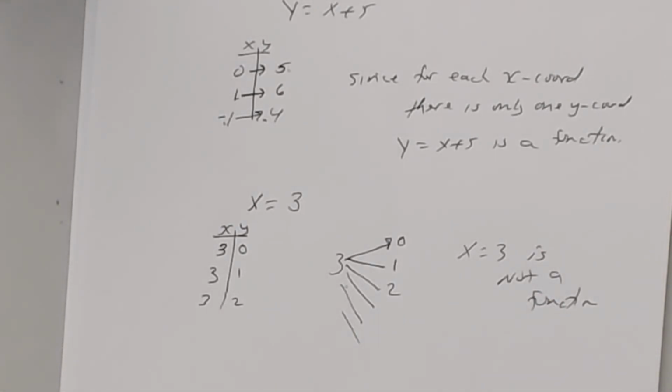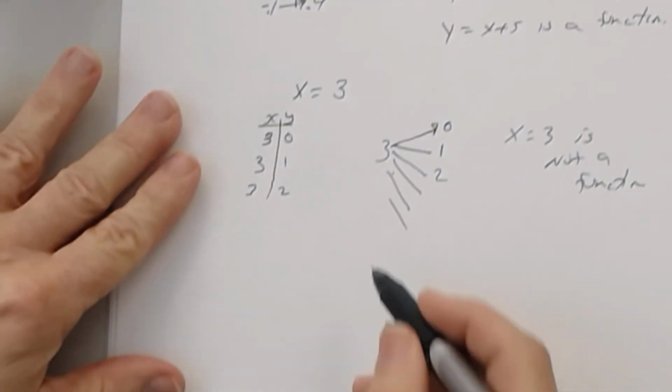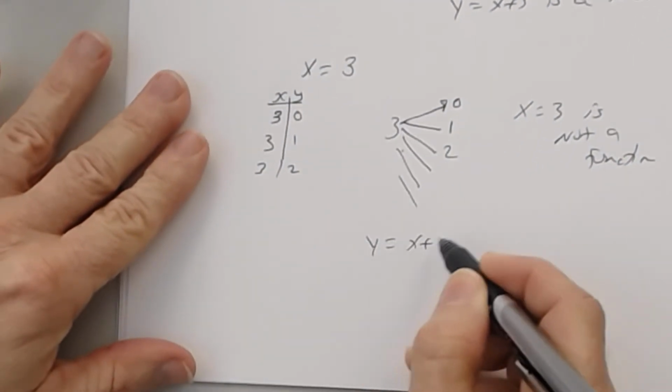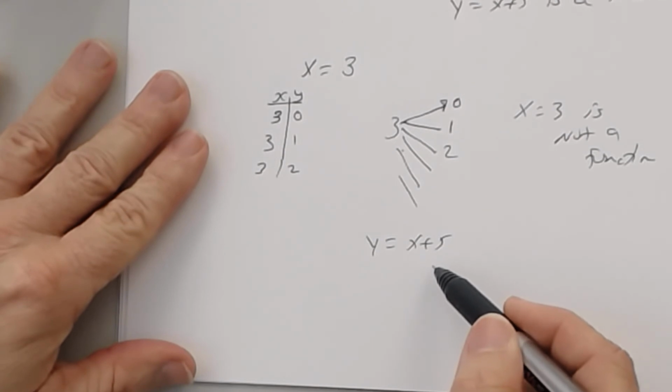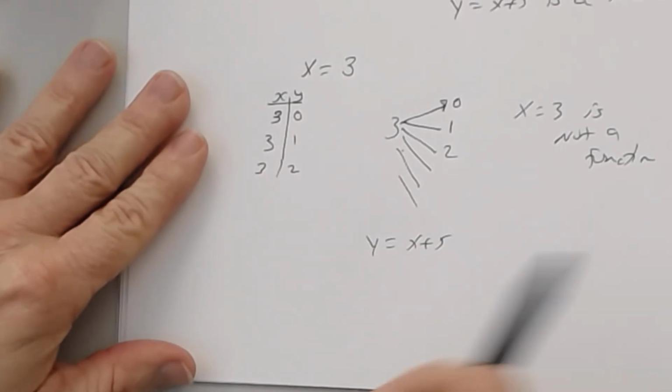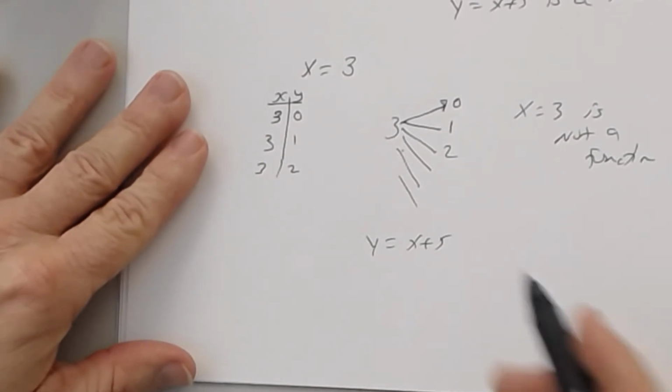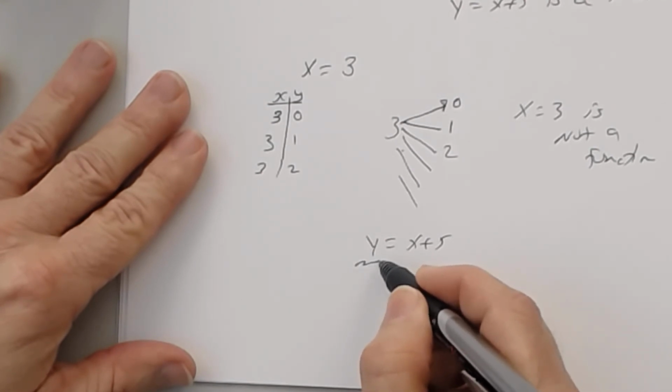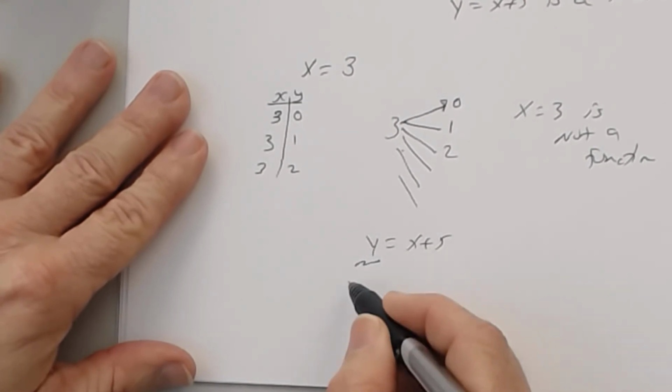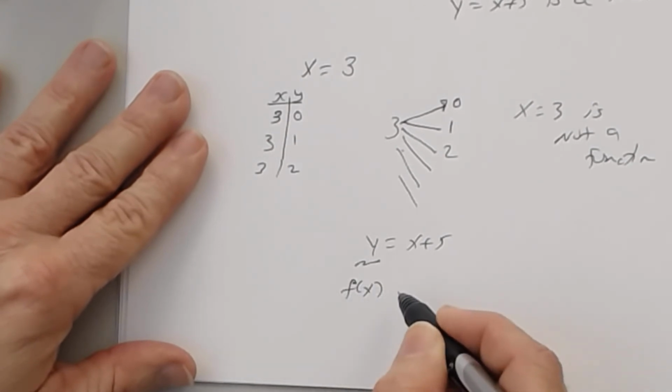The notation, if you recall, see where I have y equal x plus 5? And that's a function, right? There's a certain notation that we're going to talk about next class period, and that's the notation for y. Sometimes, if it's a function, you're going to write it as f of x. Remember the f of x?